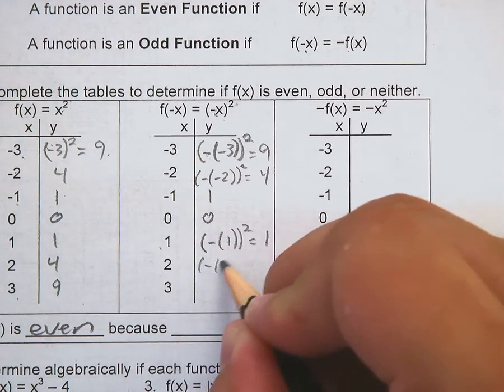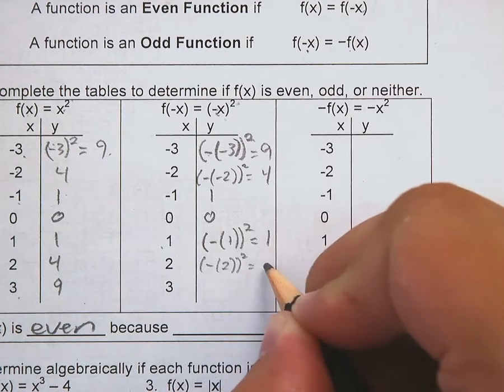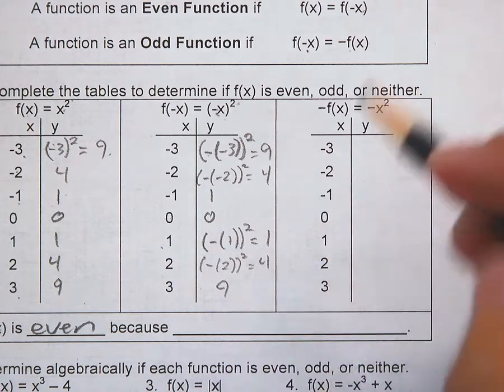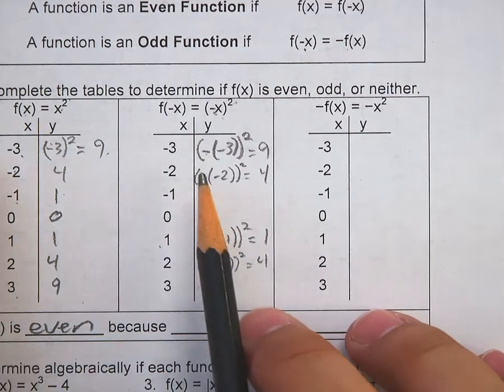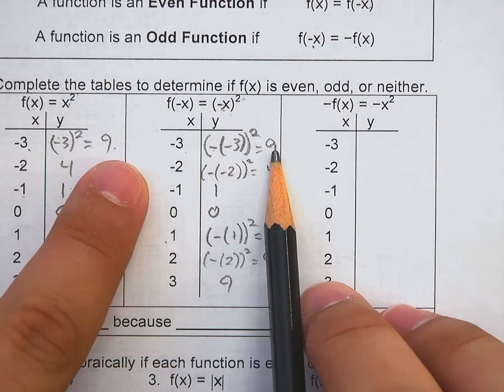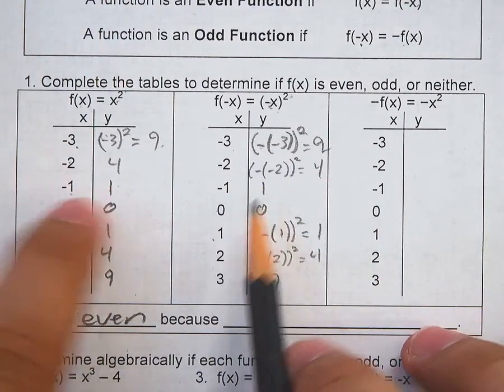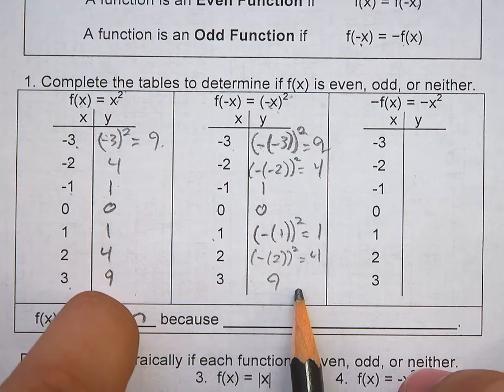Here, -2 squared is 4. -3 squared is 9. So you plug in a -3, you get 9 on both of these. You plug in a -2, you get 4. Plug in a -1, you get 1. All of these points are the same.